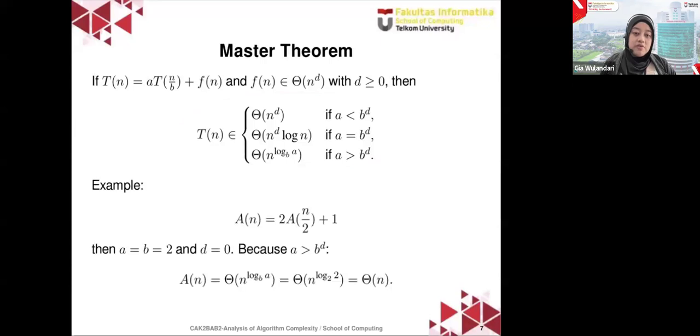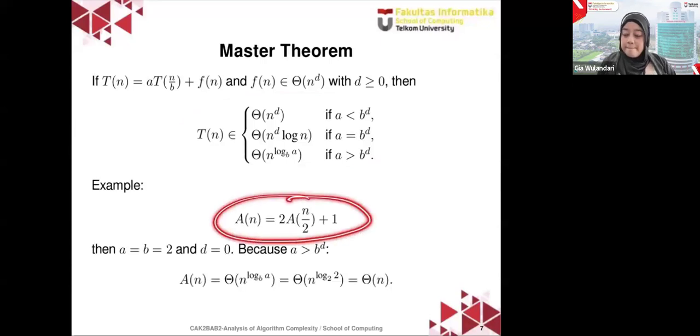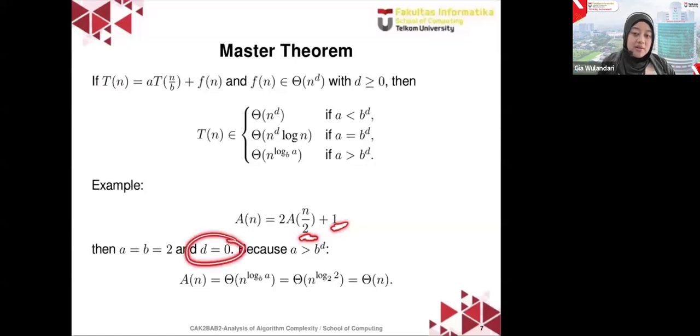Then Tn will be based on the relation of a and also b to d. So for example, if I have this recurrence relation, Tn is 2T n over 2, which means a is this 2, b is this 2, and fn is 1, which means the degree, the highest rank of n in fn, is 0.